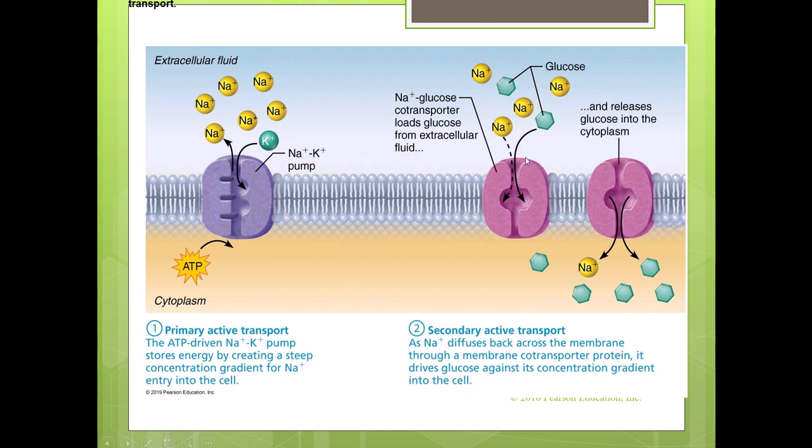And even though glucose is going against its concentration gradient, it is using the sodium concentration gradient as a form of potential energy. And that allows us to bring very large, chunky molecules into the cell sometimes. So that's secondary active transport, using not ATP directly, but using the concentration gradients as a form of potential energy.